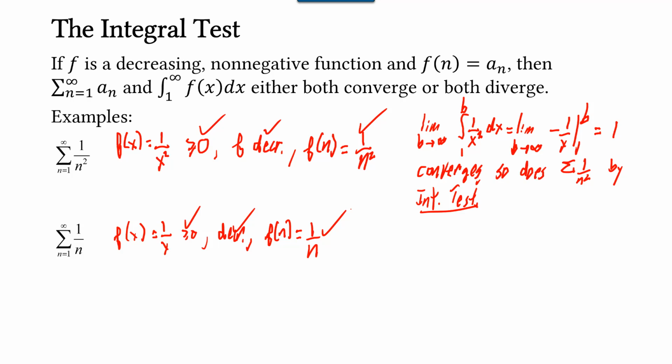So I need to do an improper integral. Limit as b goes to infinity, integral 1 to b, 1 over x dx. The integral of 1 over x is the natural log. We've done this one before.